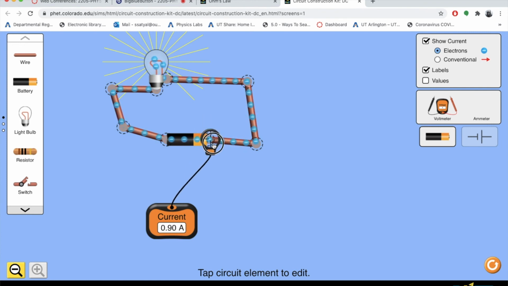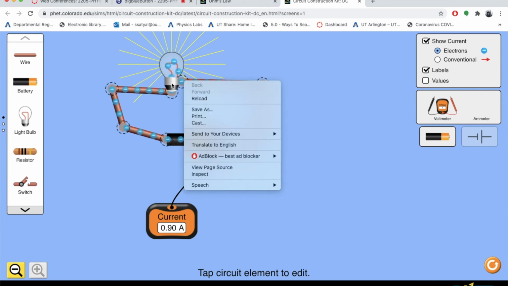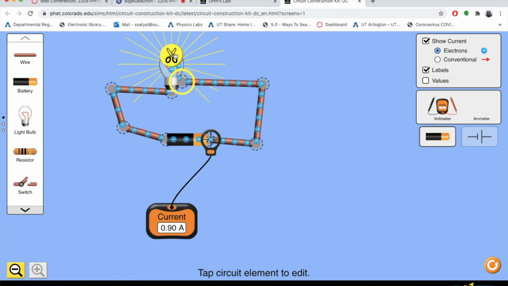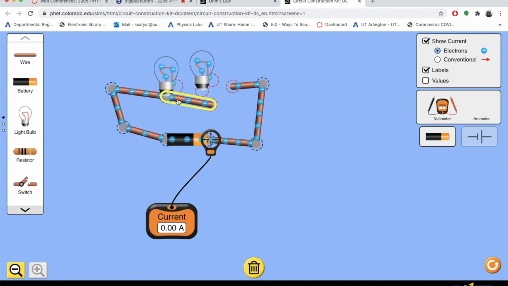And this one measures current through the wire here, and it's 0.9 ampere. Let's cut it, and what I can do is add another light bulb.